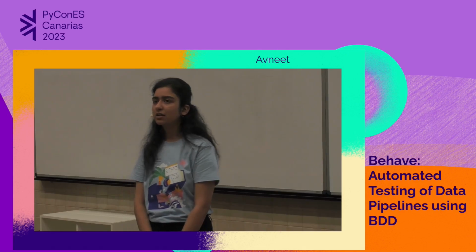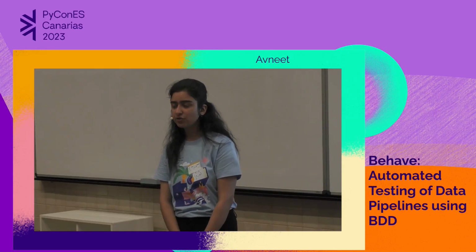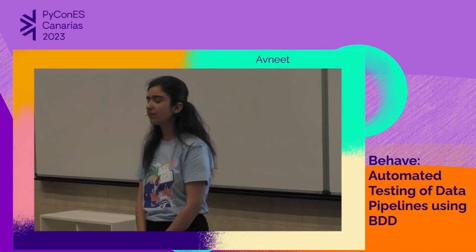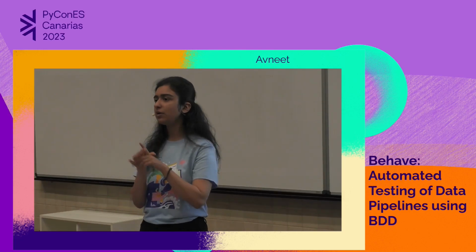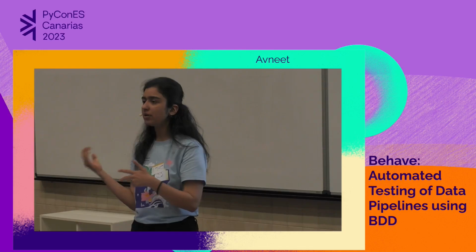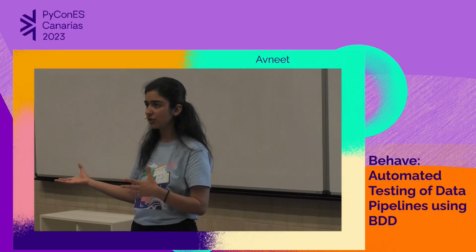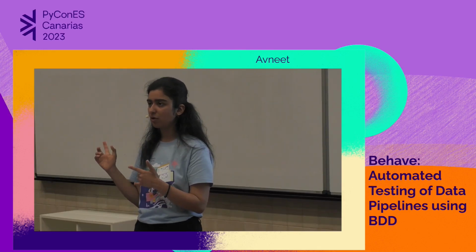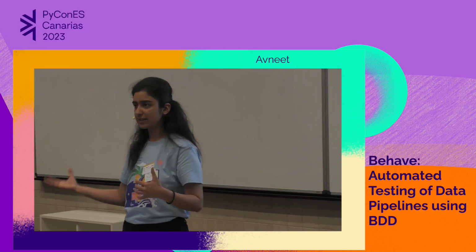Okay, so for the maintenance part, for writing user stories and feature files, since we are an agile team, we write it together. It's one developer, our product owner, a person from the quality assurance team, and also a compliance and validation officer. They need to understand what we are testing for.